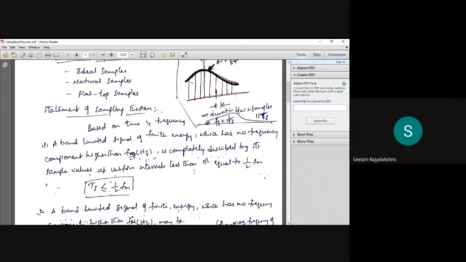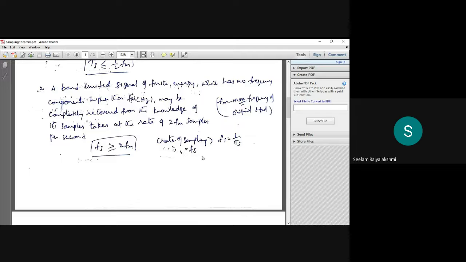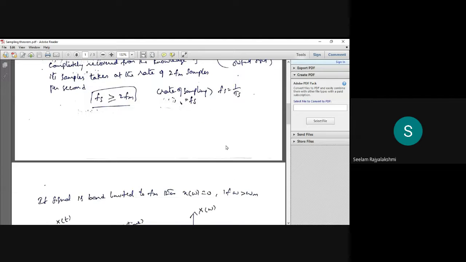This line represents the original signal, and these are the samples. The duration between two samples is Ts, and fs equals 1 by Ts.